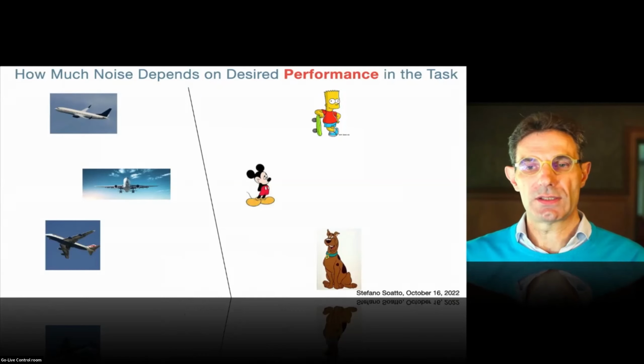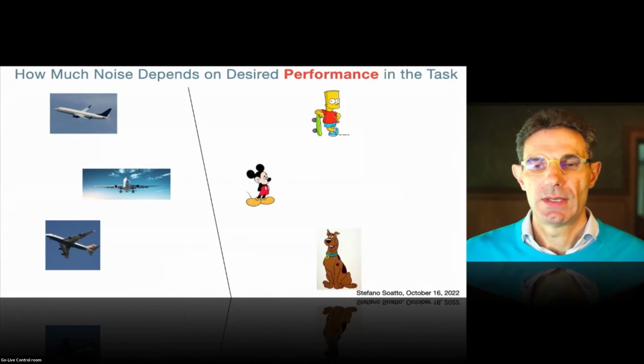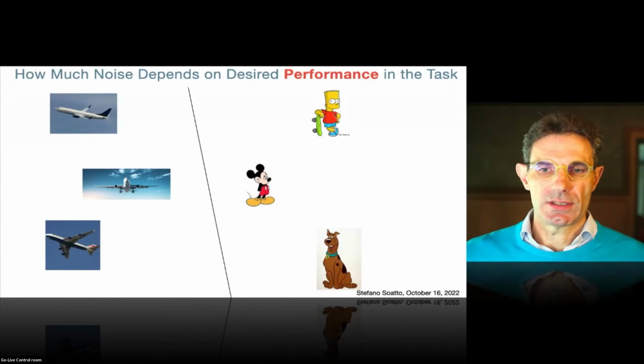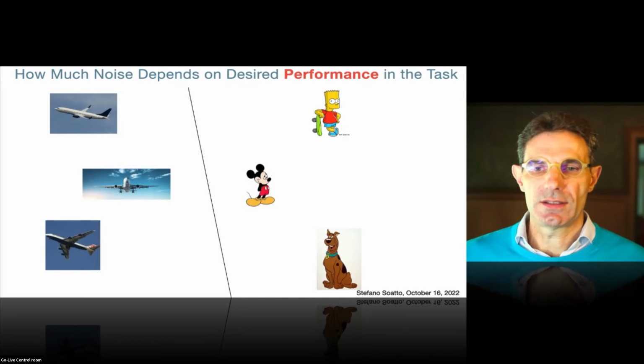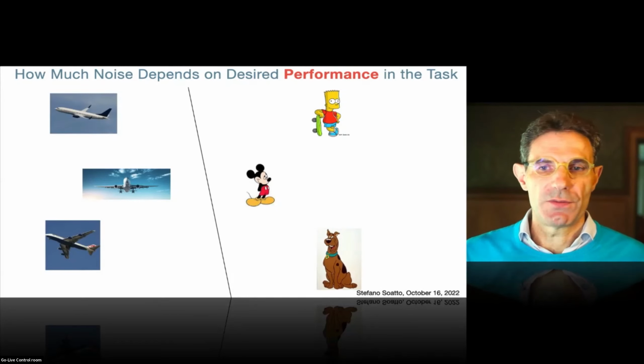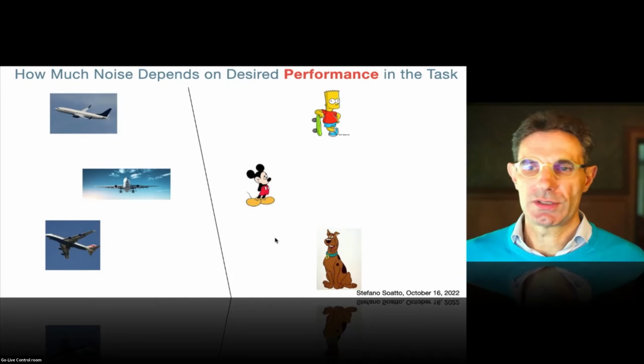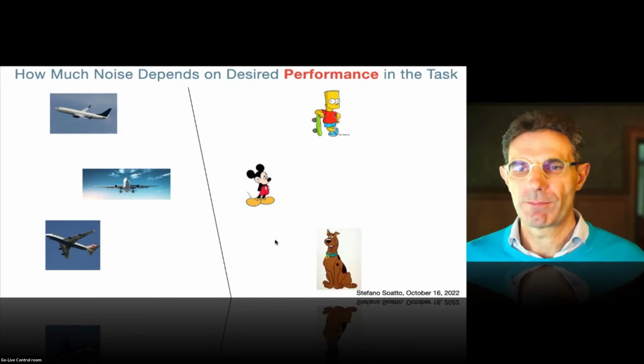Okay, let me give you an example. Suppose that your task is to classify airplanes from cartoon characters, okay? Binary classification, let's say the data set is balanced and so are training and test samples. So if you're okay with 50% performance, then you don't need any information stored in the weights. You just say cartoon character every time and you're wrong 50% of the time, okay?